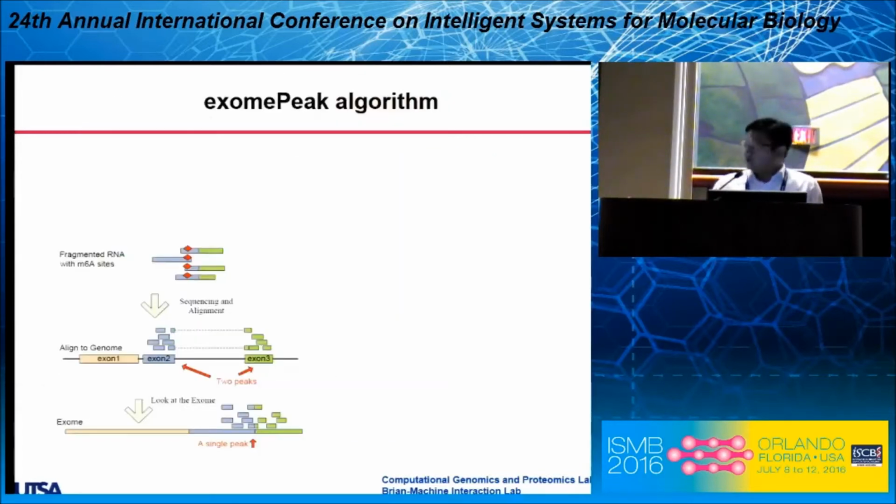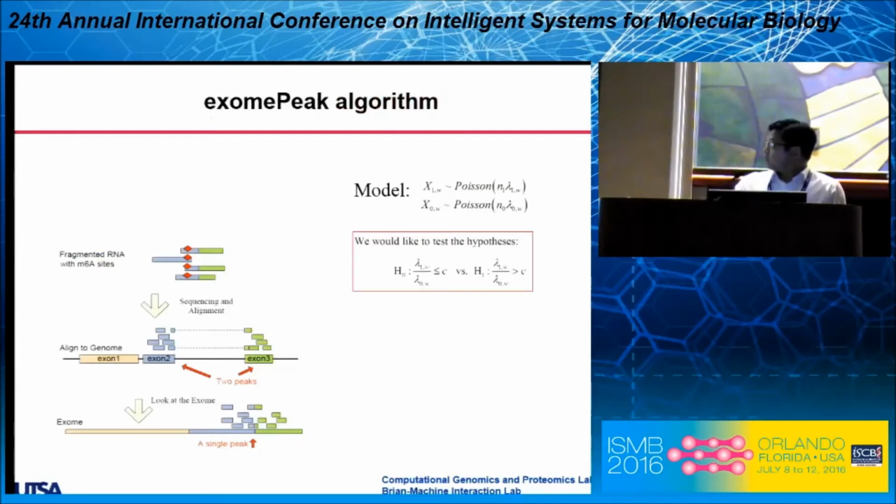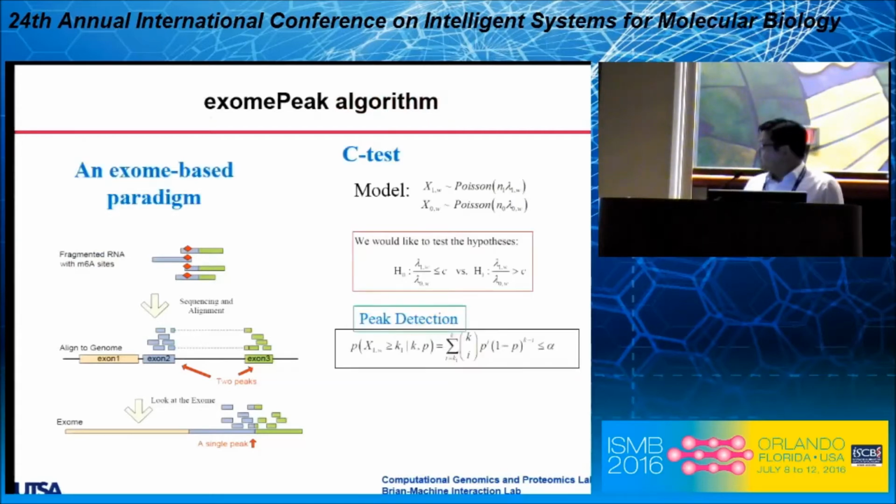One of the core parts of the exomePeak algorithm is an exon-based paradigm that puts different exons together to form an exon, and then proceeds with the detection of the peaks. exomePeak uses a so-called C-test, a very simple test for peak detection.